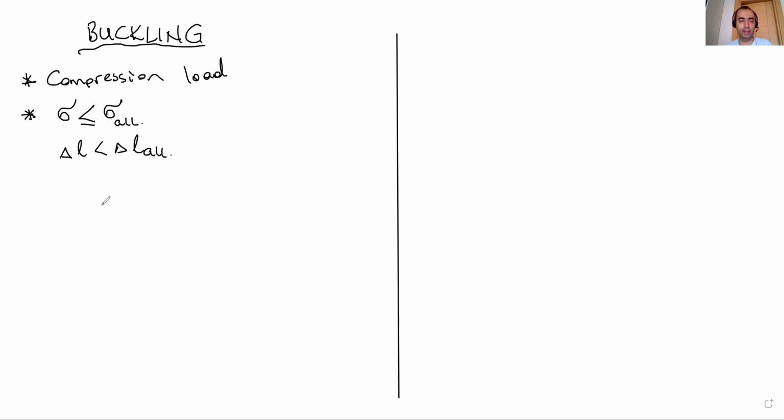To talk about buckling, we need to talk about stability. To explain the stability problem, we have three cases. The first one is a bowl. This is the ground, it has this shape, and on this ground we have a ball.